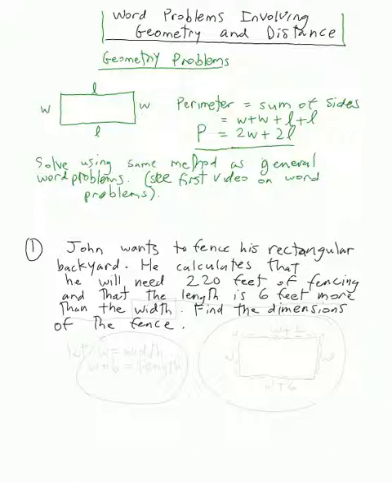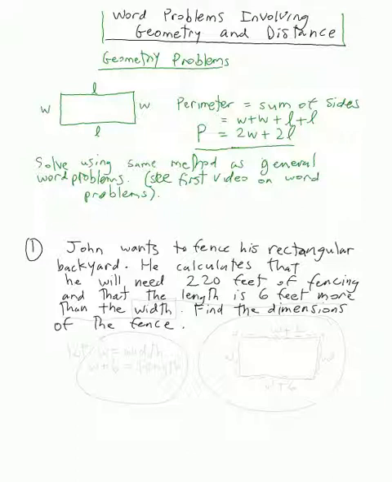Okay, so let's remember the steps from the last section. We always start by letting x equal our variable. In this case, we might want to use a different letter. Let's figure out what the unknown is that we're talking about. We're talking about length and width. It says find the dimensions, so that's what we're looking for, the length and the width.